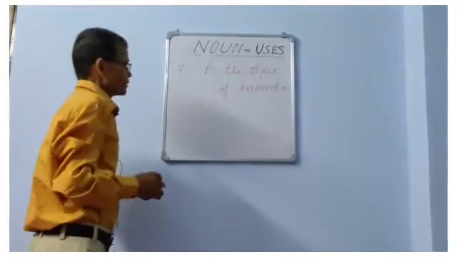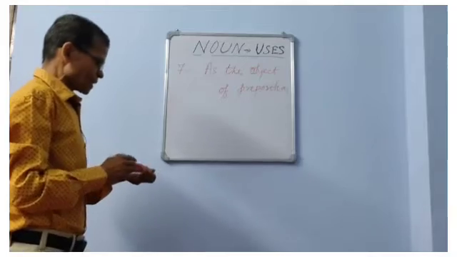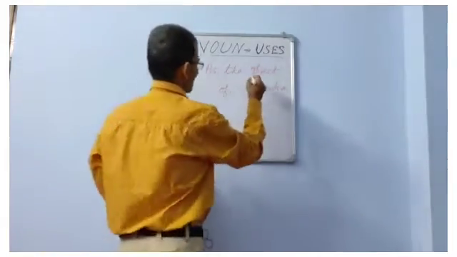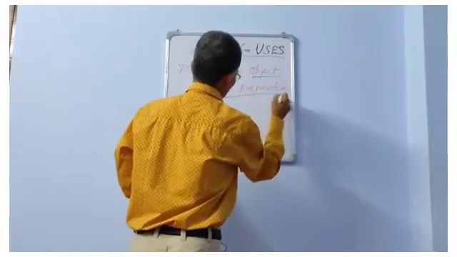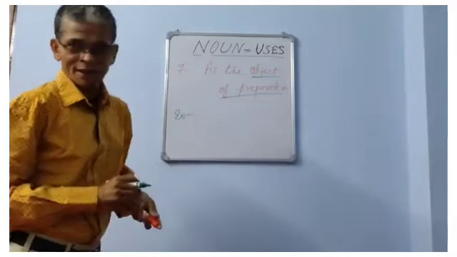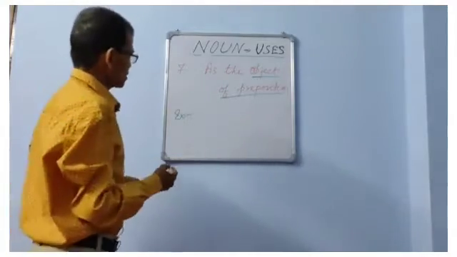A noun can be used as the object of a preposition. Now let us see an example of how a noun can be the object of a preposition.